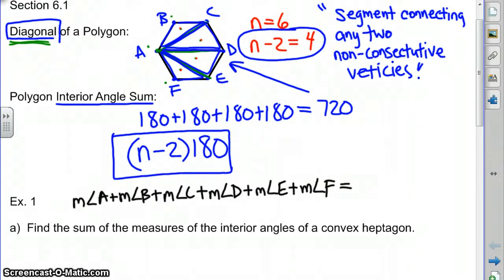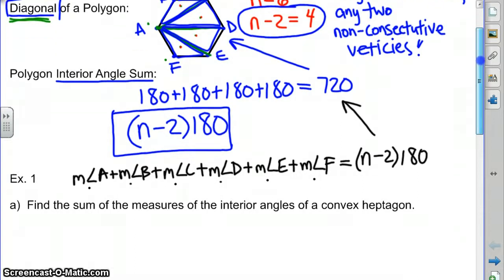In long form, that would be the measure of angle A plus measure of angle B plus measure of angle C plus D plus E plus F is equal to the number of sides minus 2 times 180 degrees. In this case, we had 720.